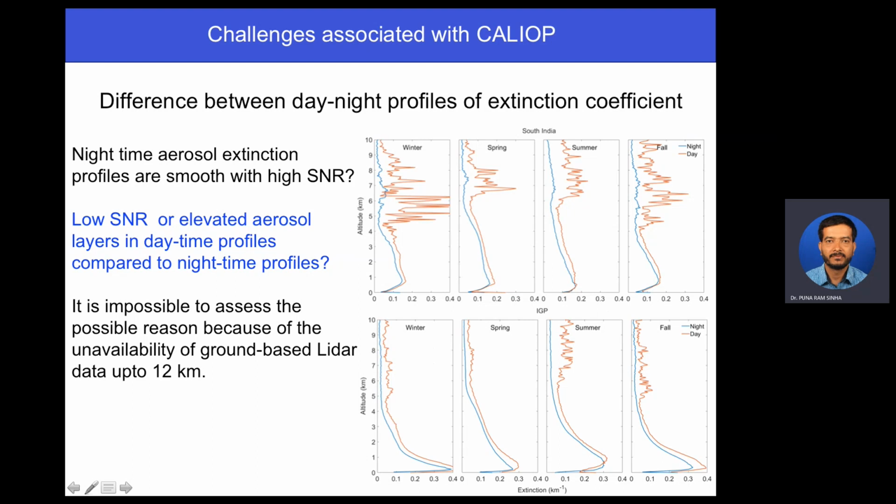So you can see here a lot of kinks in the extinction coefficient profile, especially between 4 to 6 kilometers. And this is the reason where other aircraft measurements and balloon borne measurements are also showing elevated layers. So it was impossible for us to assess the possible region, because we don't have the ground truth LiDAR observation up to 12 kilometers.